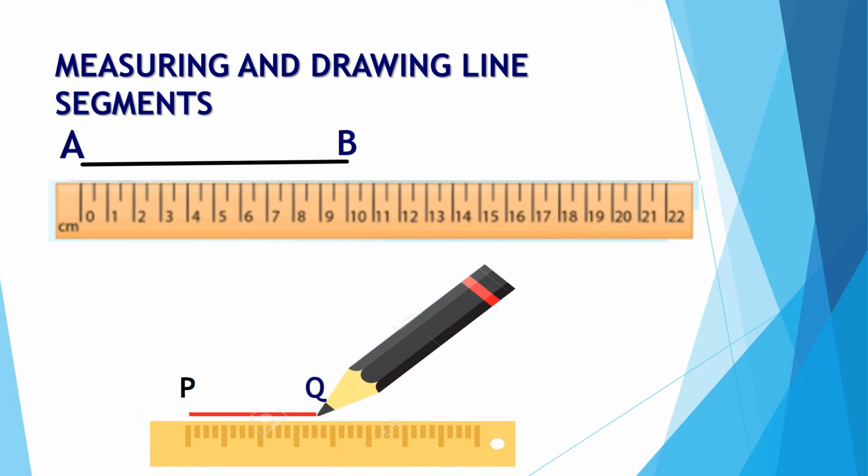First, you place your scale on the paper, then mark a point at the 0 mark and label it as P. Then, since you want a line segment of 5 centimeters, you mark another point at 5 and name this point as Q. You can then draw a line from P to Q, that is your line segment PQ of 5 centimeters.